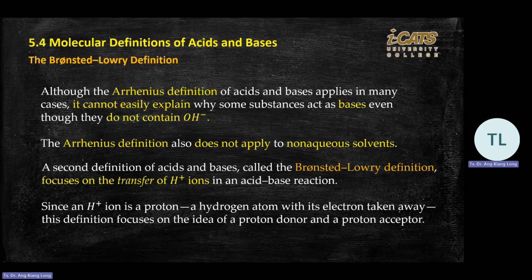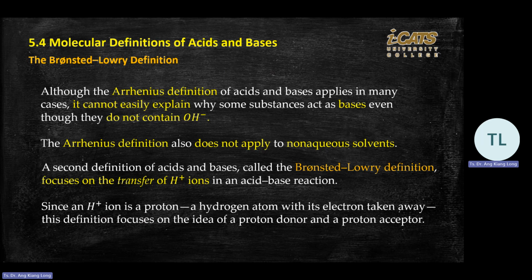You need to tell me who is the donor and who is the receptor: who gives H positive and who receives H positive in acid, or in alkali, who gives out OH and who receives OH. BL focuses on transfer of ion.